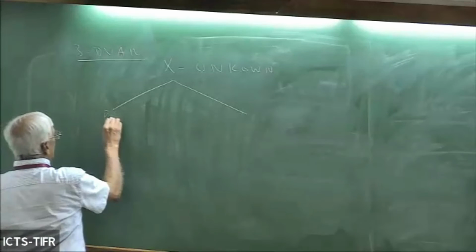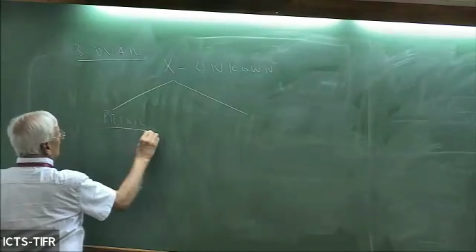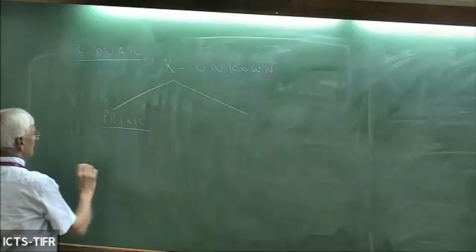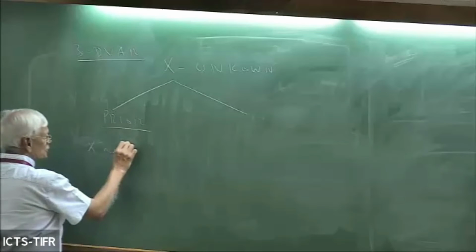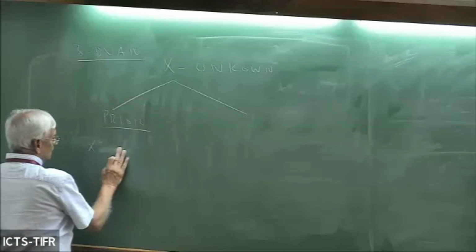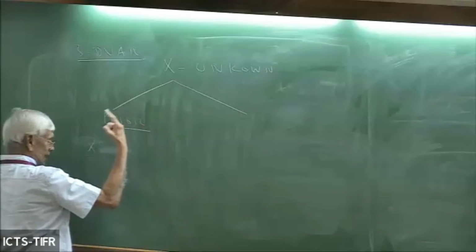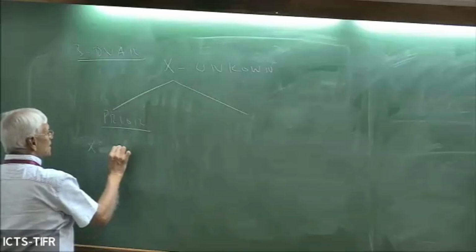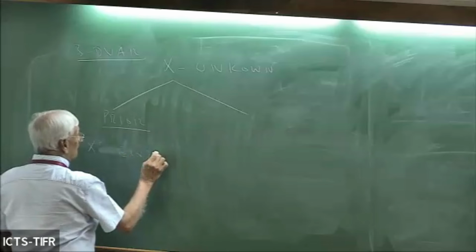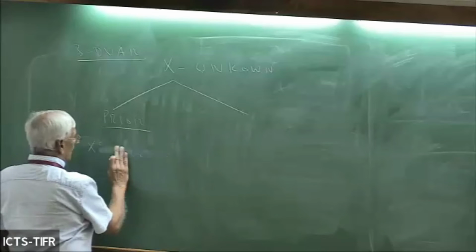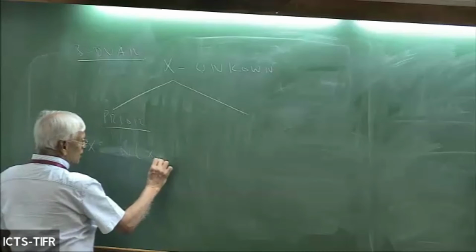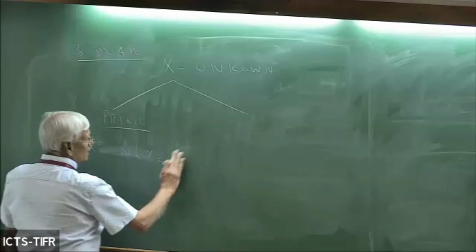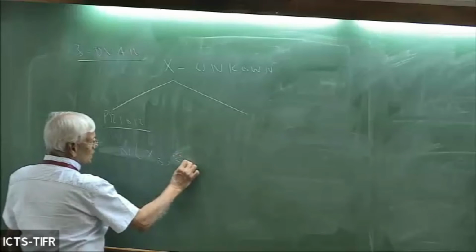One is called the prior information. The prior information is that I believe X is a random variable, distributed as normal with mean X_B and covariance Sigma_B.